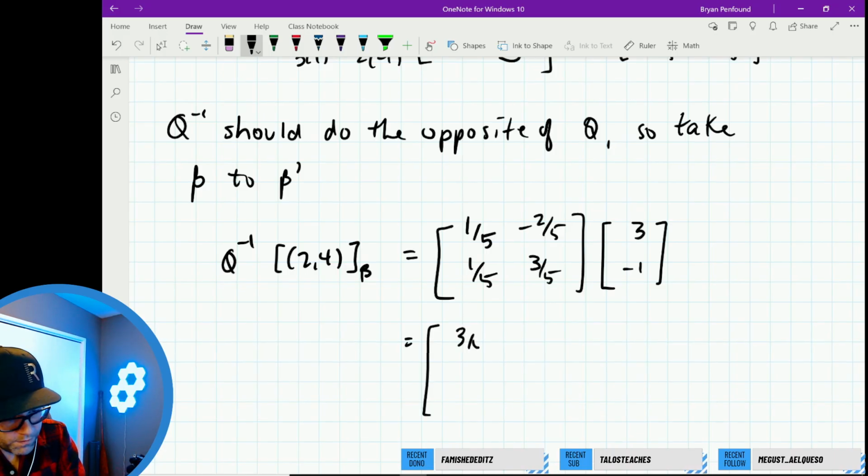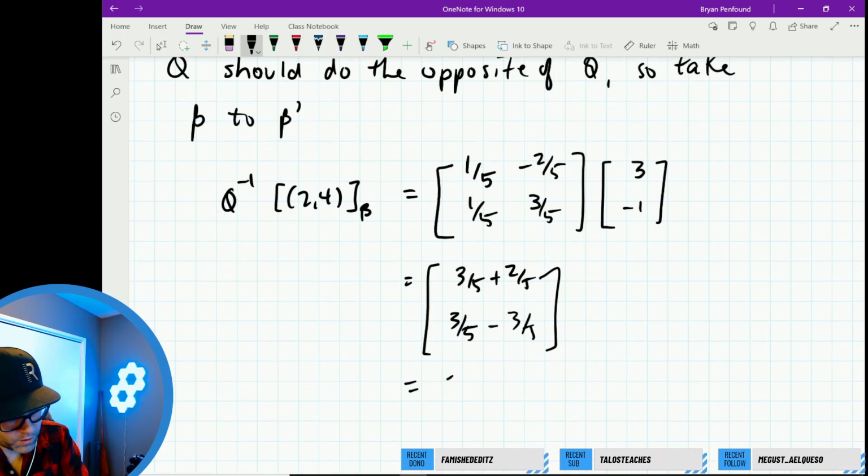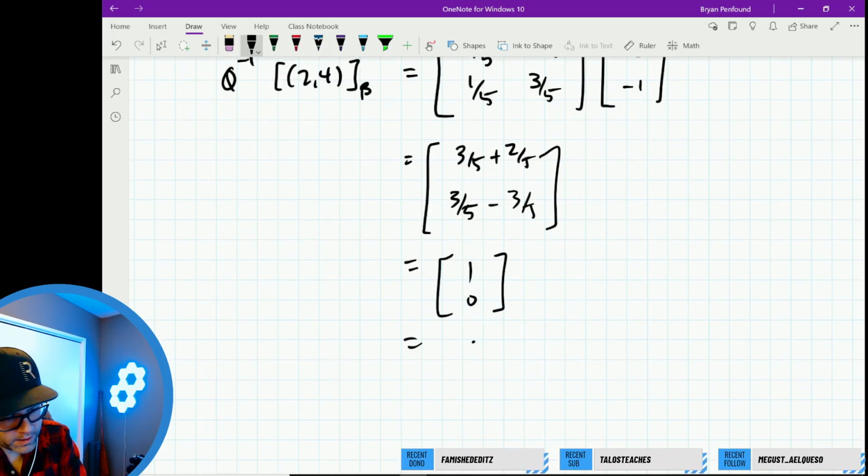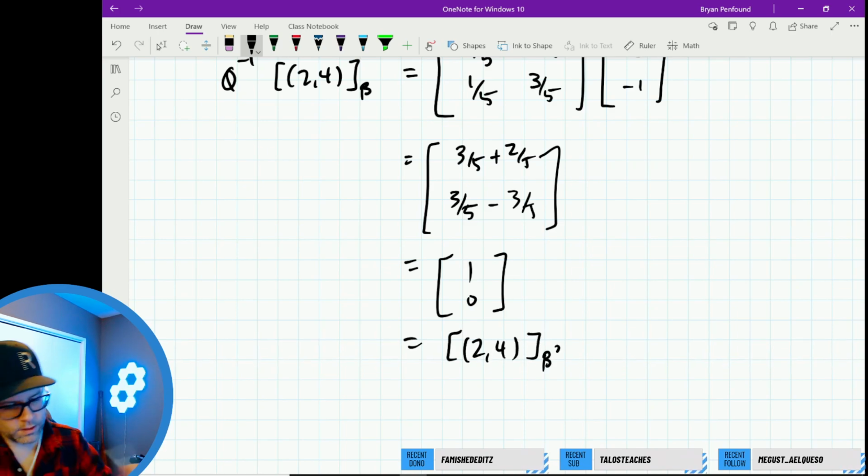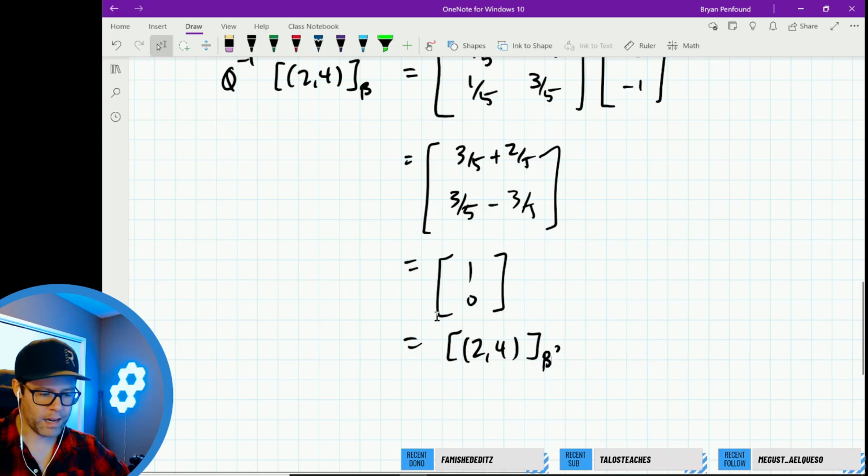We have 3/5 plus 2/5. That looks good so far. And then 3/5 minus 3/5. Sweet. Okay, so that works out. That checks out. This is 1, 0, and that's exactly what we expect to see. That's 2, 4 with respect to basis beta prime.